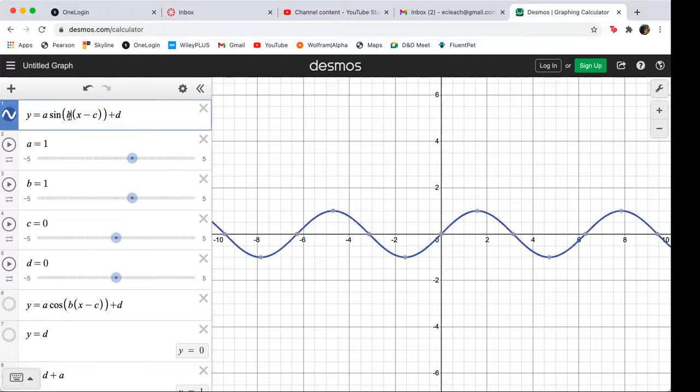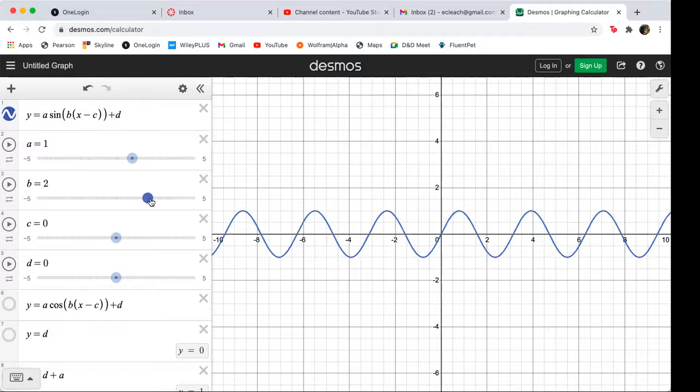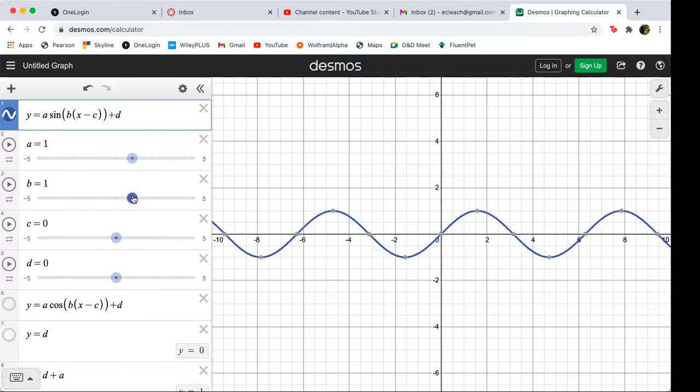We can think about the value of B as how fast we're cycling through a circle. So when B is equal to 2, we're going to go through one cycle twice as fast as normal, from 0 to pi instead of from 0 to 2 pi. The default, when B is equal to 1, one cycle takes 2 pi units.